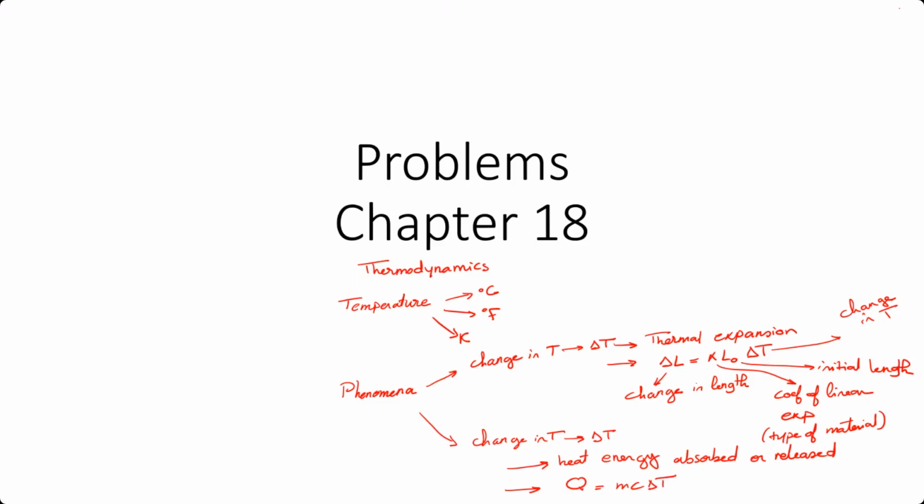Certain materials don't need a lot of energy to change their temperature by, let's say, 1 degree Celsius. Namely, we discussed that metals would have a specific heat of around 900. This means if I have 1 kilogram of mass and I want to change its temperature by 1 degree Celsius, then I will need a Q of around 900 to establish a change in temperature by 1 degree.